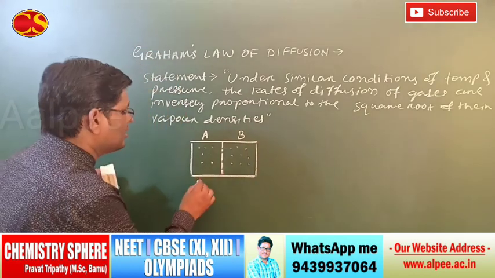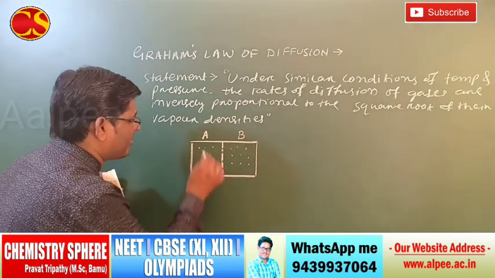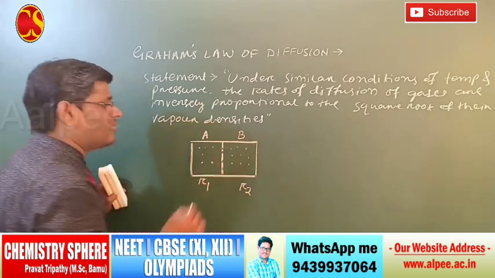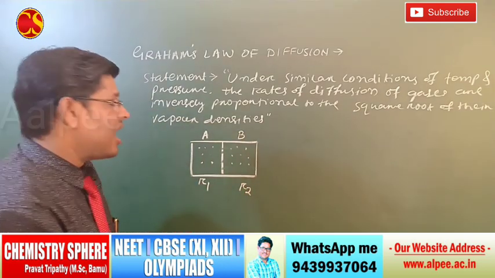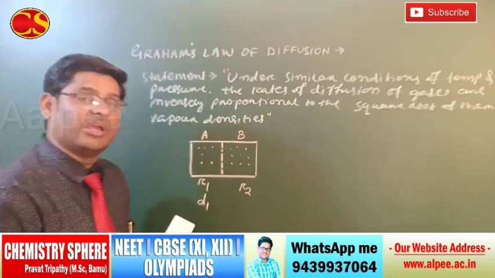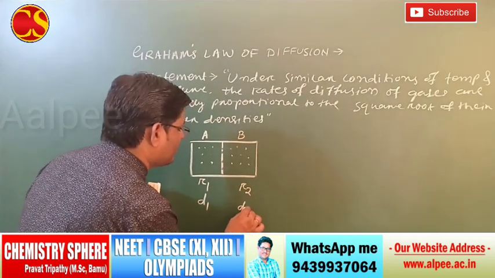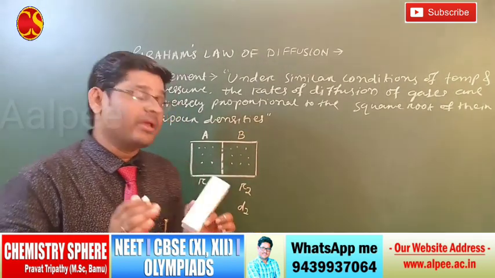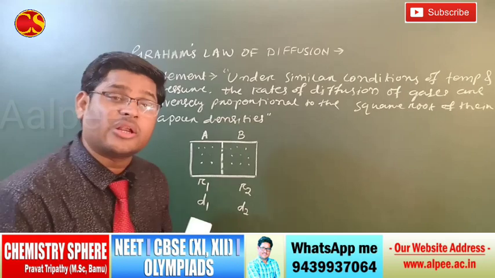Friends, suppose the rate of diffusion of gas A is R1 and the rate of diffusion of gas B is R2, and the density of gas A is D1 and the density of gas B is D2. So R1 and R2 are the rates of diffusion.